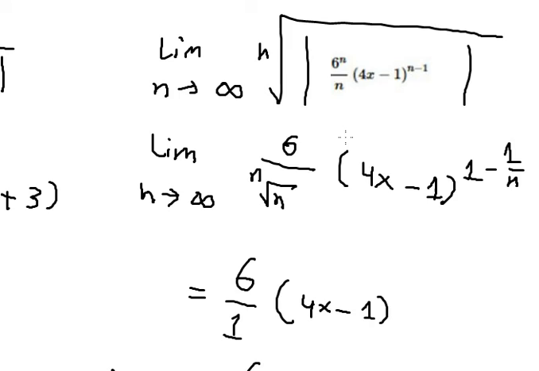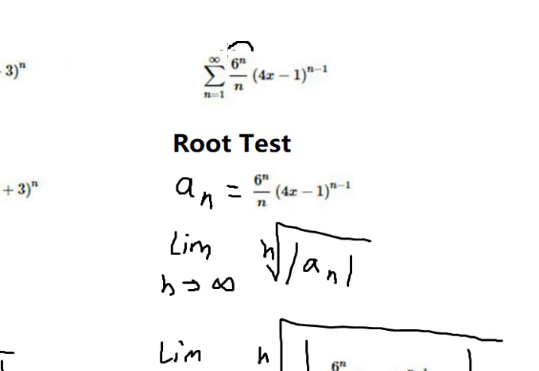Now we go back to this one. We have 6 to the power of n over n. In case x is about negative 6, you get 6 to the power of n over n, and we have negative 6 to the power of n minus 1.